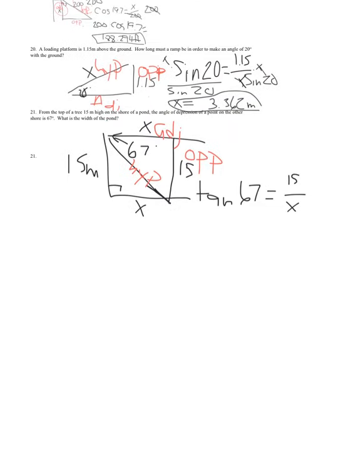And you have tangent again, much like all those other problems. So tangent 67 equals opposite over adjacent. Two steps. I'm going to shortcut this one because you should know the way this works out by now. X is going to equal 15 over the tangent of 67, and 15 divided by the tangent 67 equals 6.367.